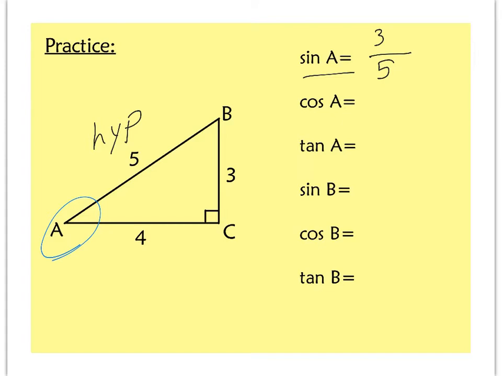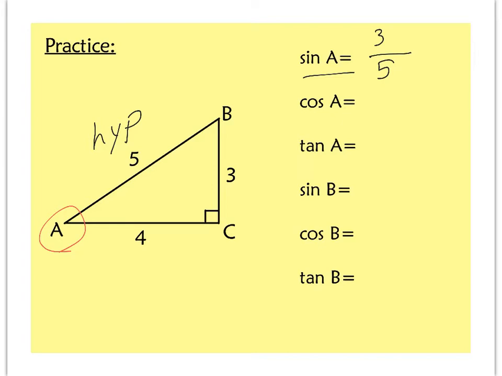Next it's wanting us to use cosine of A. I'm going to hide the other one, and now we're talking about cosine of A. Let's change color since we're doing a new one here. Remember, cosine: caught another hippie, C-A-H.